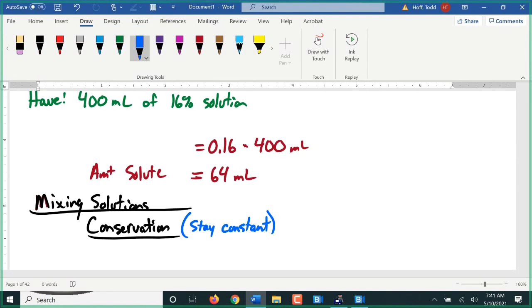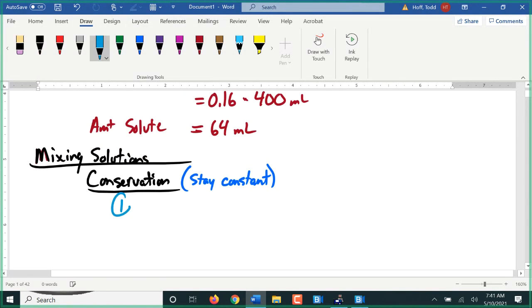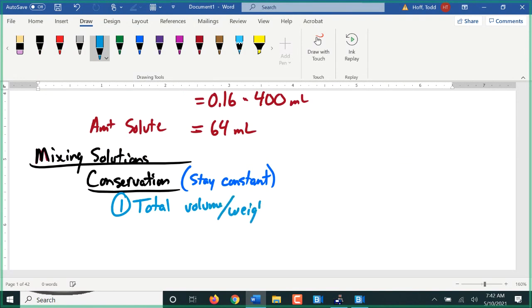When we're mixing solutions, there are two things that are conserved. One, total volume or weight. I have a certain amount of one solution and a certain amount of another solution. If I mix them together, I can just add those amounts.